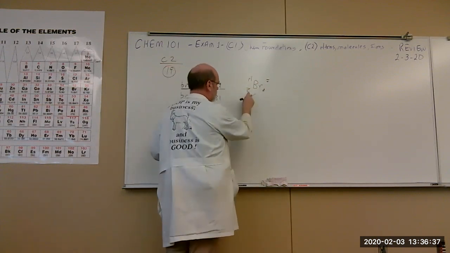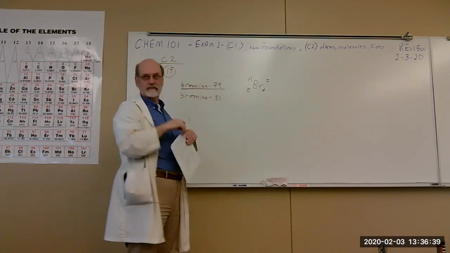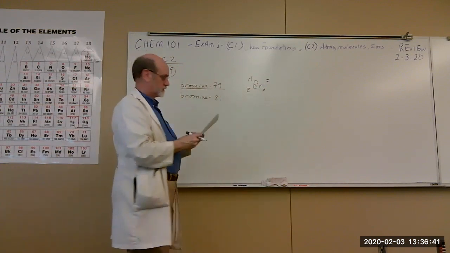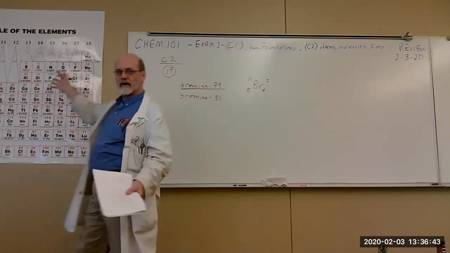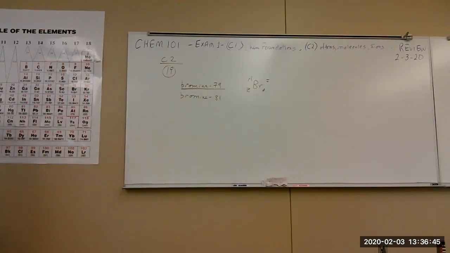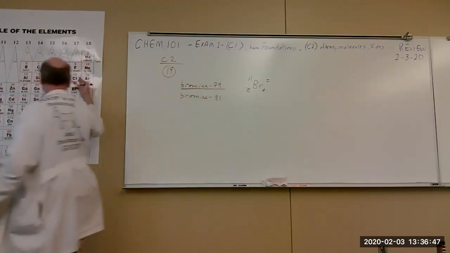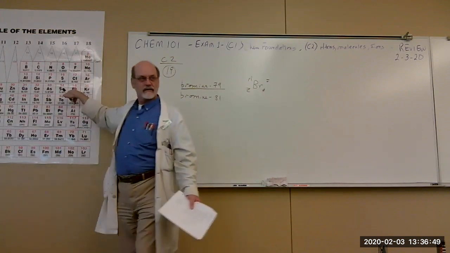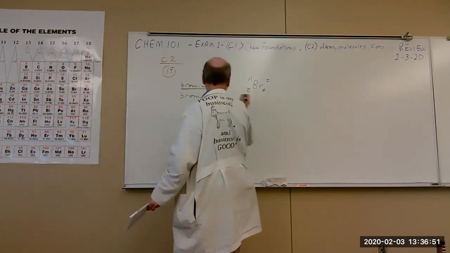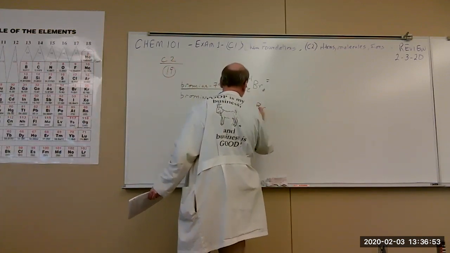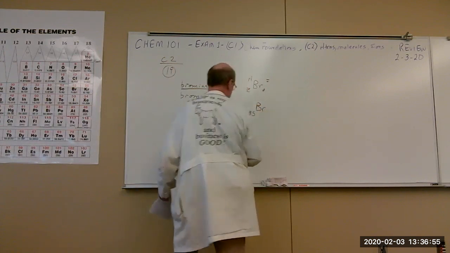So what's the atomic number of our protons? We just need to go to our periodic table. 35. 35 is the number of protons.